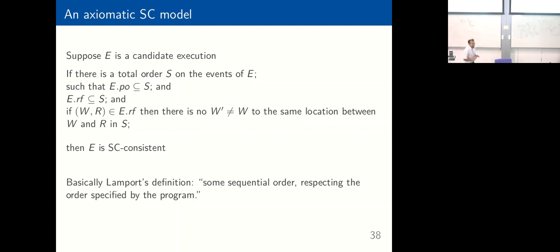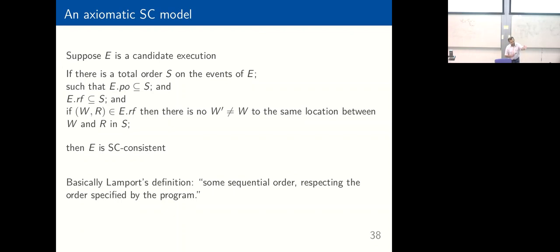And that's the entire content of Lamport's famous definition of sequential consistency, that there exists some sequential order, who knows what that might be, which respects the order specified by the program.